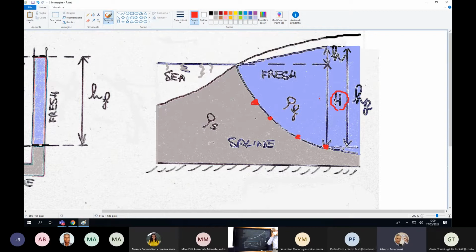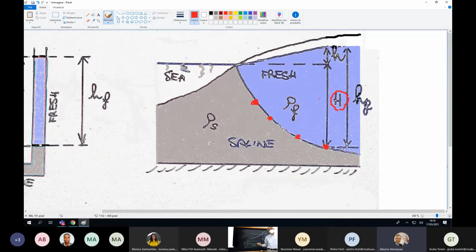Which means that if, with human intervention, you reduce lowercase h, which is the groundwater level, so if you take water from a well and reduce the groundwater level by, for instance, 1 unit, then you have salt water coming up by 40 units.